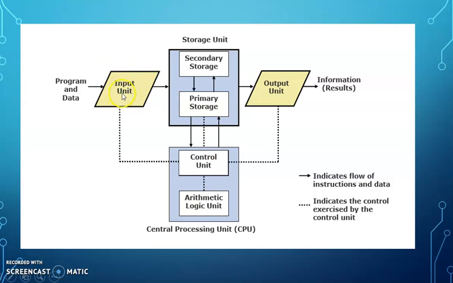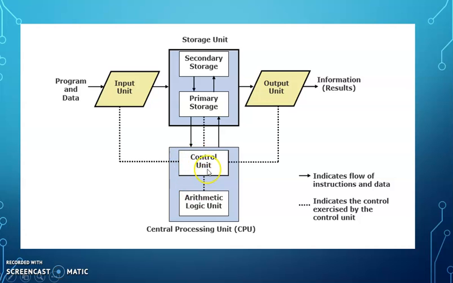First, coming to input unit. Input unit does mainly three tasks. First thing, we as a user provide the input to input unit. Then once the data is received by input unit, it will send it to storage unit. So in memory, one copy of that input will be stored, and then it will be sent for further processing to CPU.